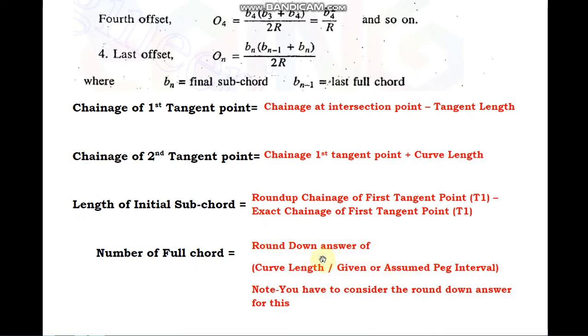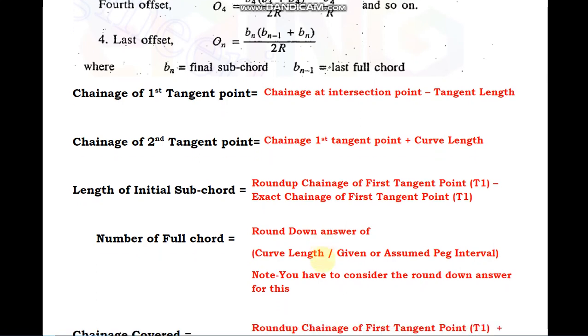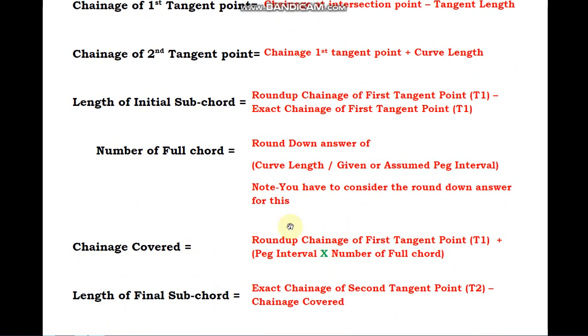Round down means if the answer comes as 5.6, you go for the lower side and assume it as 5. If the answer comes 7.8, you assume it as 7. You don't have to go for the higher side; this won't work properly if you go higher. So round it down. Okay. Next formula is chainage covered.